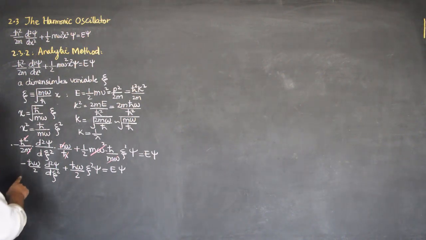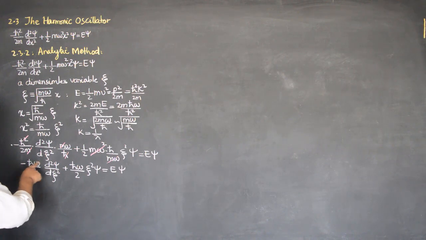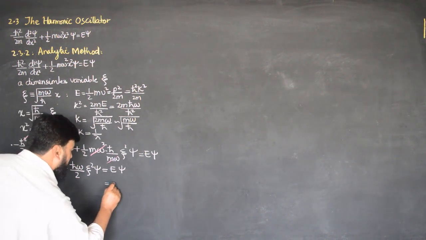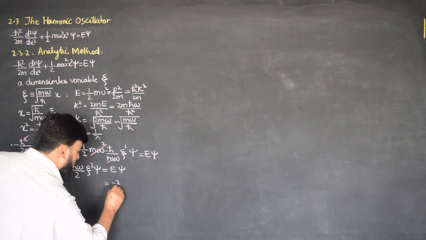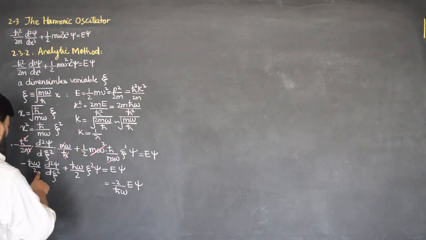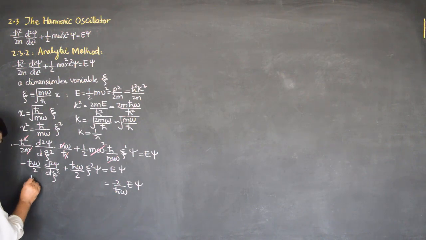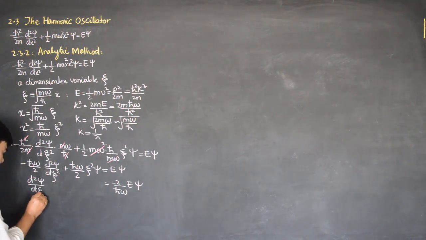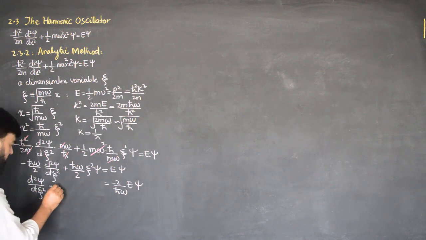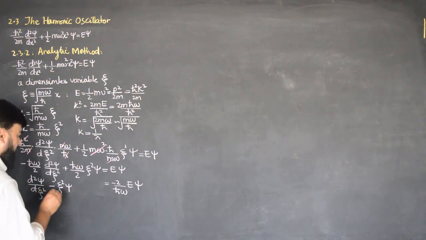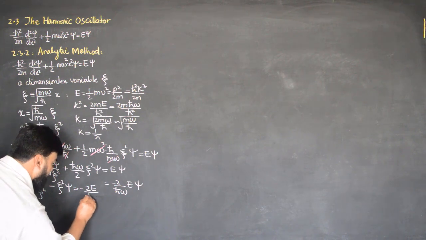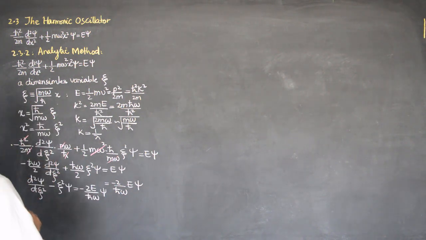Now I multiply both sides by minus 2 over h bar omega, then it will be Eψ, and here this will cancel, so I will have d²ψ over dxi squared minus xi squared ψ equals minus 2E over h bar omega times ψ.